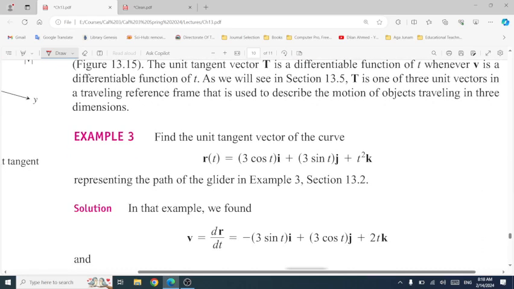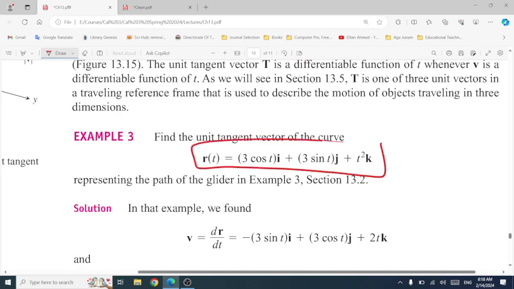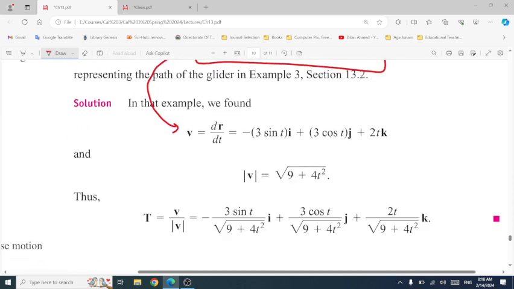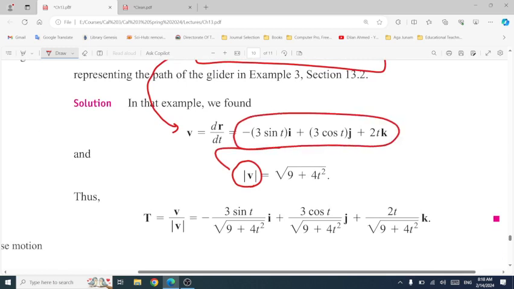So, what's your duty? If I gave you r, you are going to find the first derivative. Clear? Then the length of the first derivative, the length is equal to what? Here's square. Here's square. Am I right? Good.